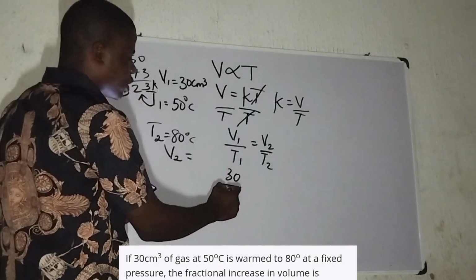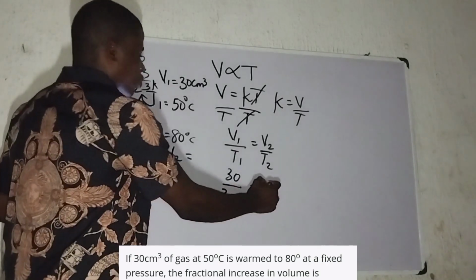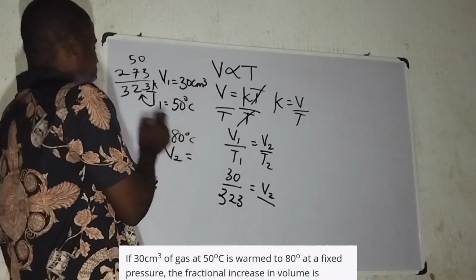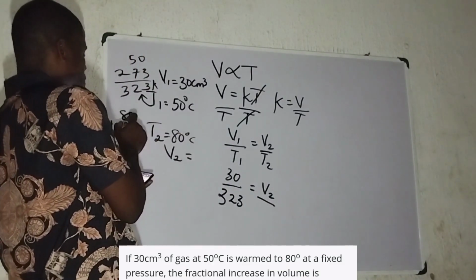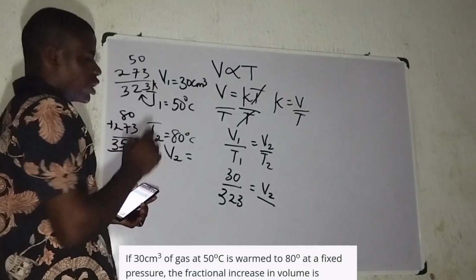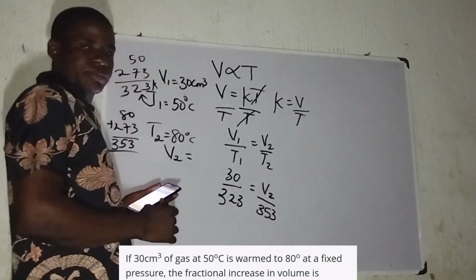Now, this is 30 over 323 equals V2, what we are looking for, over 80 degrees centigrade. 80 plus 273, what is it? 353. So bring down 353.